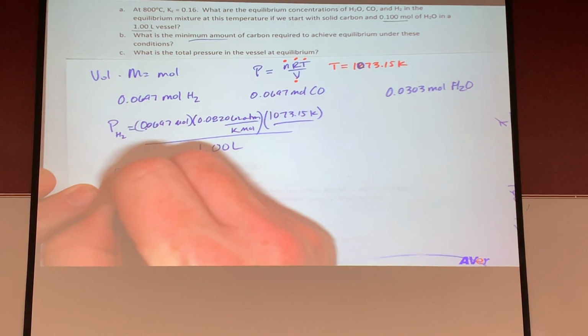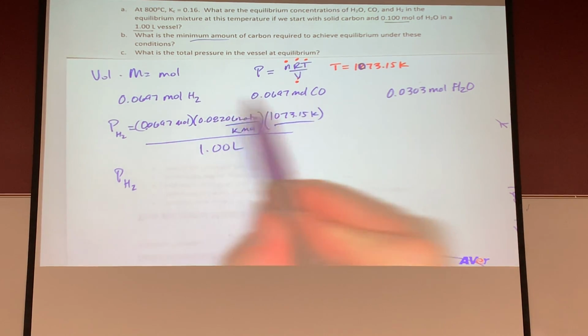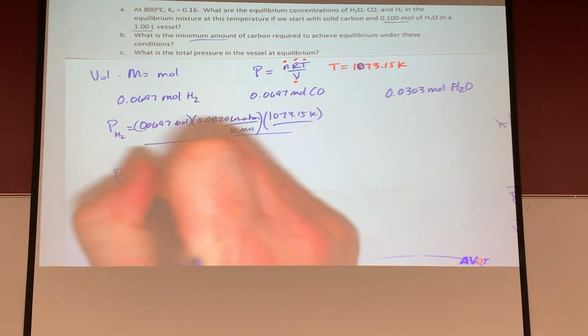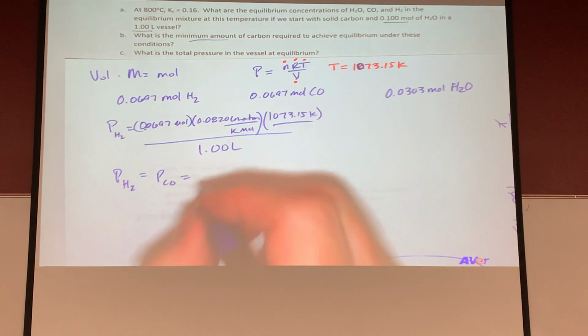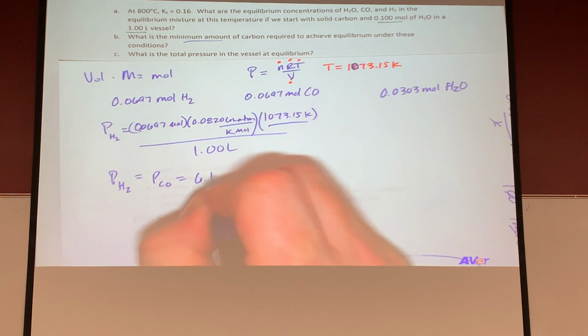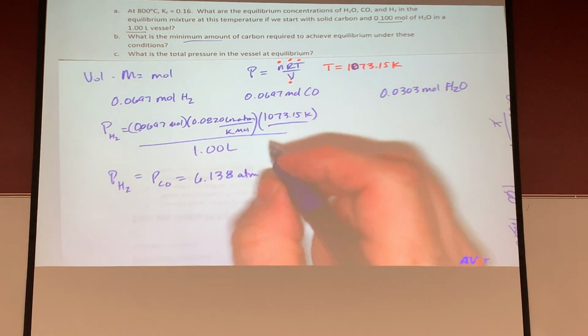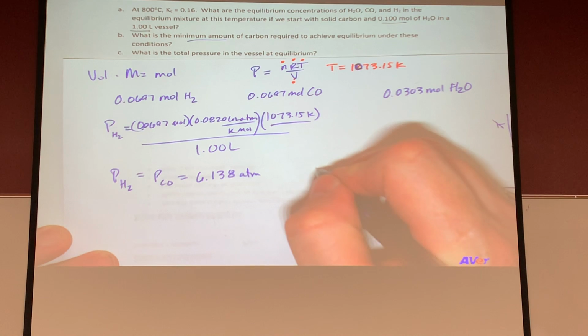So the pressure of H2, and realize the pressure of H2 and carbon monoxide is the same because you got the same number of moles, same volume, same temperature. Pressure of CO equals, anybody have that answer? 6.13. Okay. And then you need to do it one more time to figure out the water.